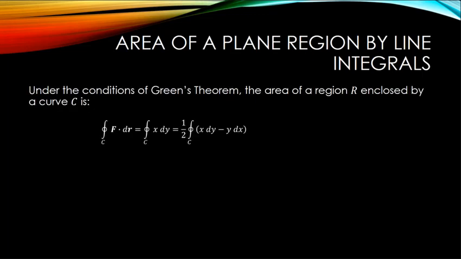Under the conditions of Green's theorem, the area of a region R enclosed by a curve can be found by computing the closed integral over C of x dy, which is equal to 1/2 of the closed integral over C of x dy minus y dx.